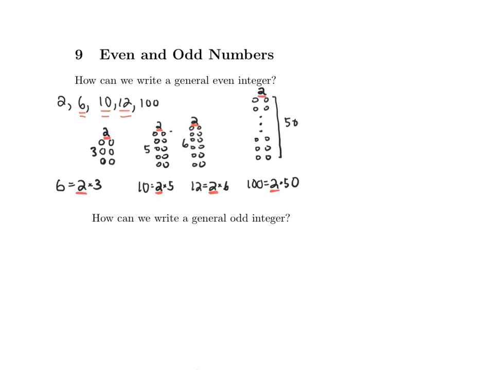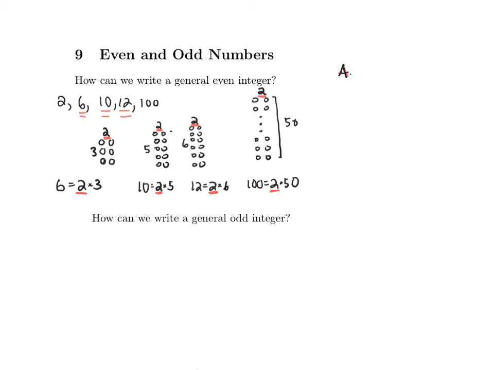And in general, because that's the important bit, what do all even numbers have in common? Even numbers can be written as 2 times some other integer. So, an integer, oh, let me do this in black. Sorry, guys.